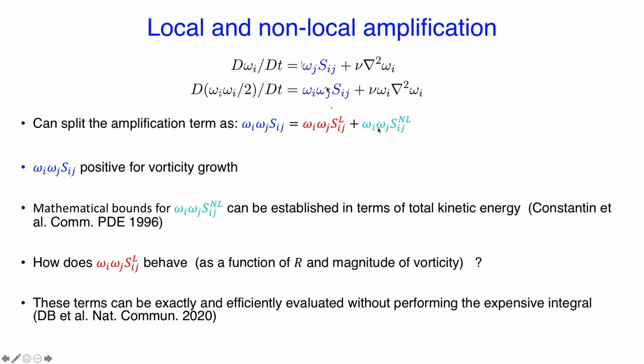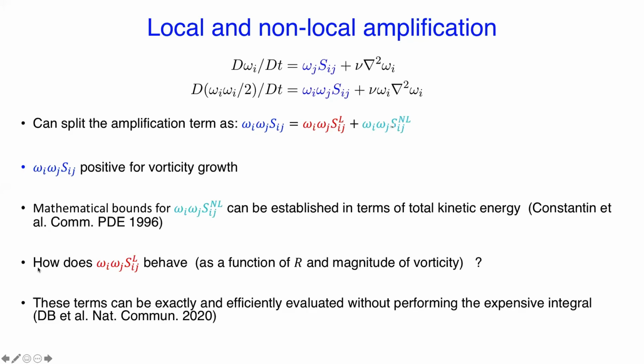So basically, what mathematicians do is try to establish bounds on these nonlinear terms. And if we can establish bounds, then that means you cannot have a blow up because it's bounded. Actually, this work by Constantin and others in 1996 has already established a bound on this non-local contribution in terms of the total kinetic energy of the flow.